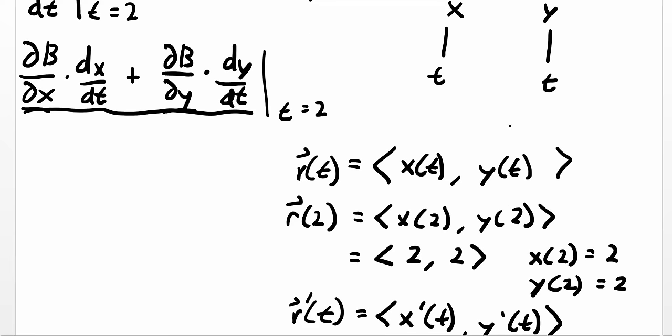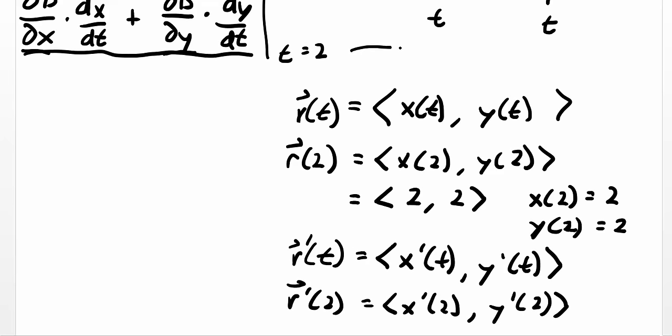Now notice that when time equals 2, that means x equals 2 and y equals 2. Now it's just a coincidence that they're all the same numbers. It could be the case that x of 2 was 3 or y of 2 was negative 5. But in this case, they're all 2.